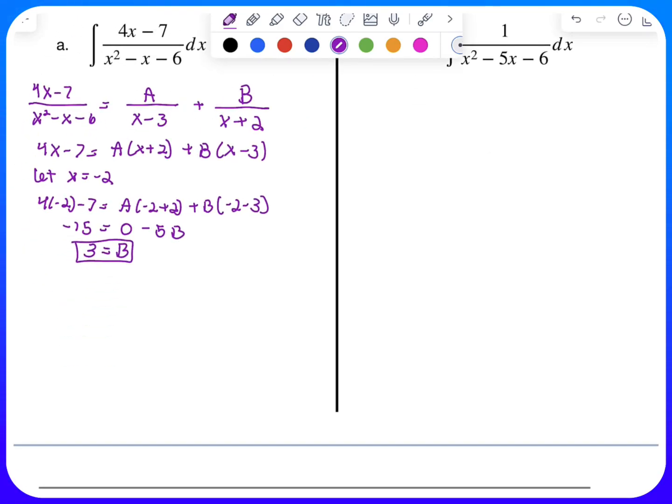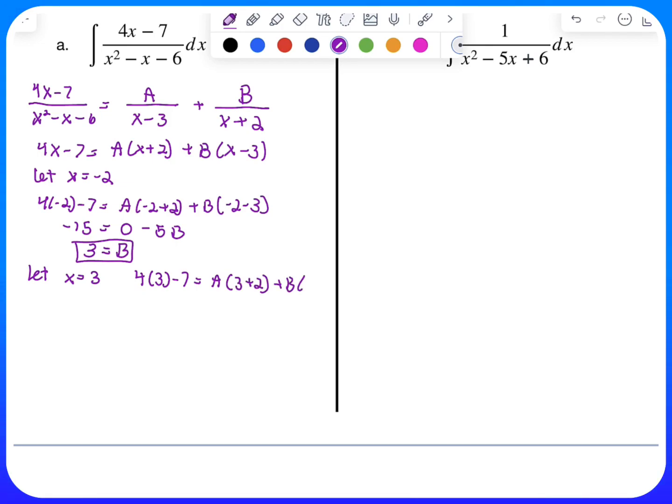Then I'm going to let x equal my other root, and so my other root would be x is equal to 3. So going to my basic equation, replacing every x with 3, this time I get 5 is equal to 5A, so A must be equal to 1.